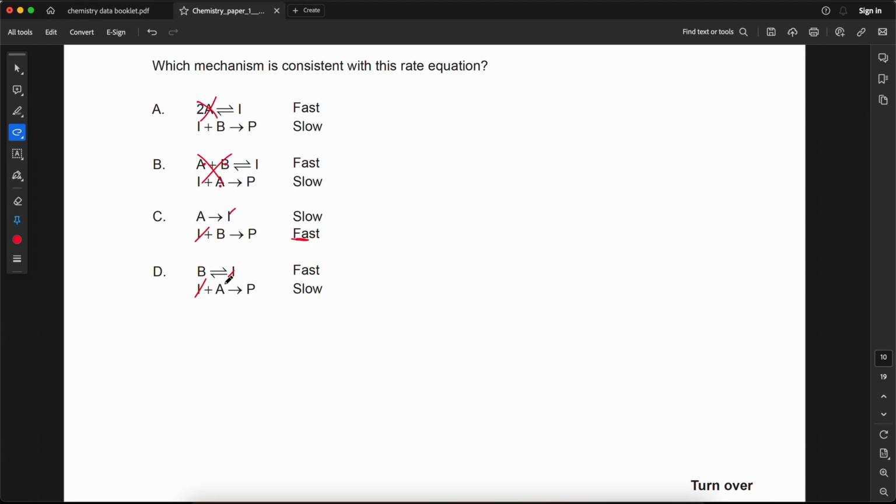And for D, even though the first one is fast, the step connected to A will not happen if there is no B. In the fast step, it involves the formation of an intermediate I from the reactant B, followed by the reaction of this intermediate with reactant A in the slow step. That's why B is counted here. Therefore, the answer is D.